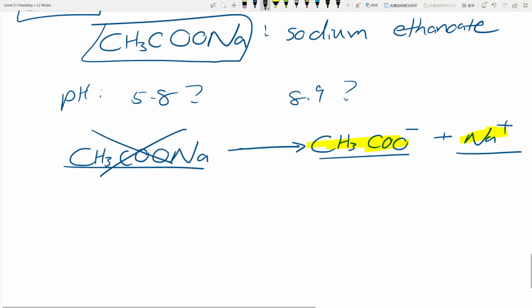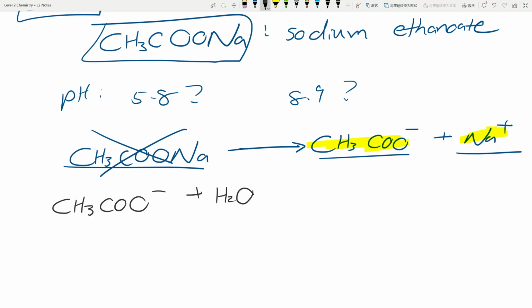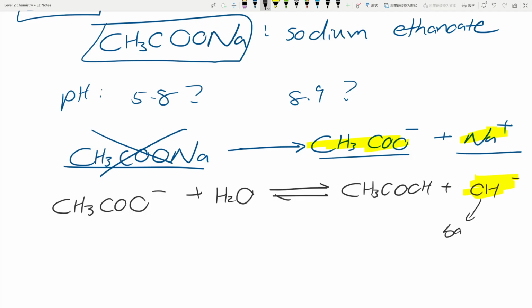And then from what we've done previously, you should be able to identify, hold on a second, if I make CH3COO minus, and I know I have a bit of water, this will continue to react to produce CH3COOH plus OH minus. And the moment you see OH minus, this should tell you that you have a base.